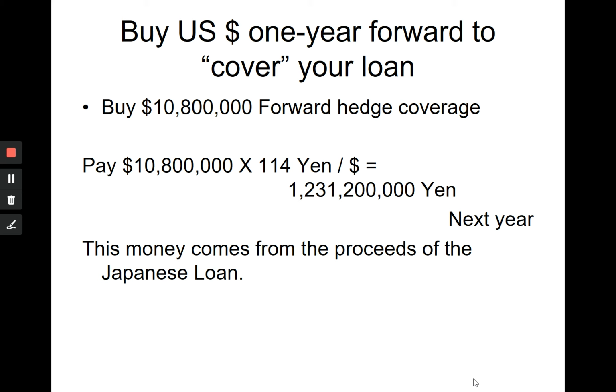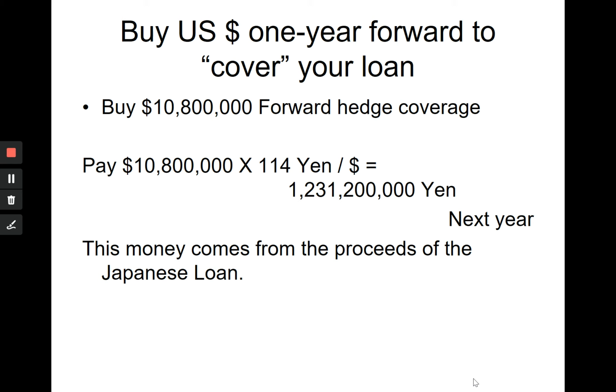So, how many dollars should we purchase in the forward markets? Well, enough to pay off the American loan. The American loan was $10,800,000, and we go to the forward bank and sign a contract today to receive 10,800,000 from that bank in dollars, and they promise to pay them yen at the current published available forward rate of 114 yen per dollar.